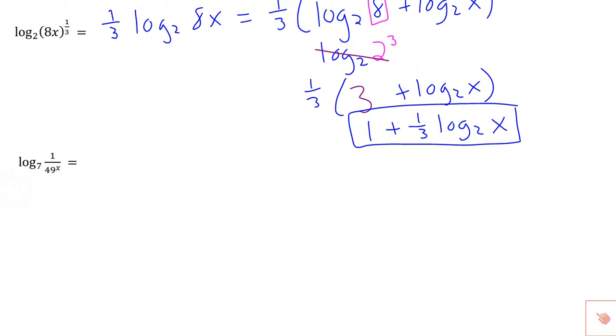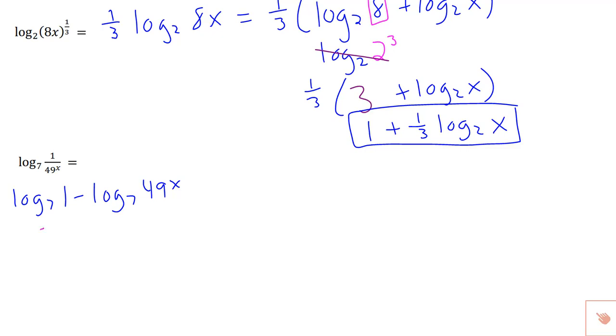If I was to simplify this, I'm going to use the subtraction situation first, because if it's division, 1 divided by 49 to the x, that's not 49 times x, sorry about that, we should turn it into subtraction with condensing. We have a rule way up above that says log of any base of 1 is 0.